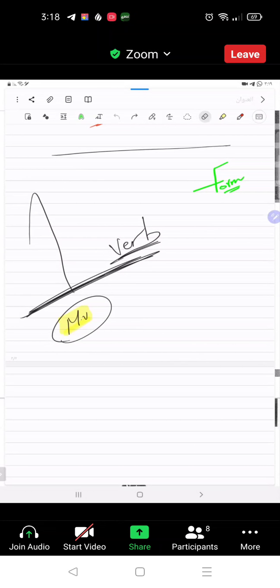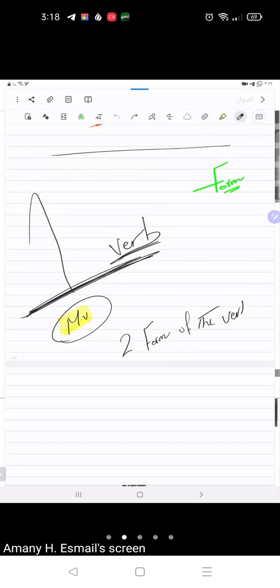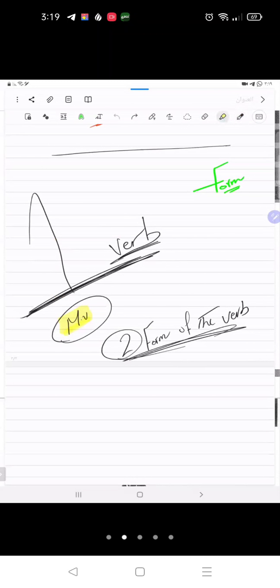The second form. Excellent. So we also must use the second form of the verb. So be careful about this. Simple means one verb and it must be a main verb. Past simple means that you must use the second form of the verb.